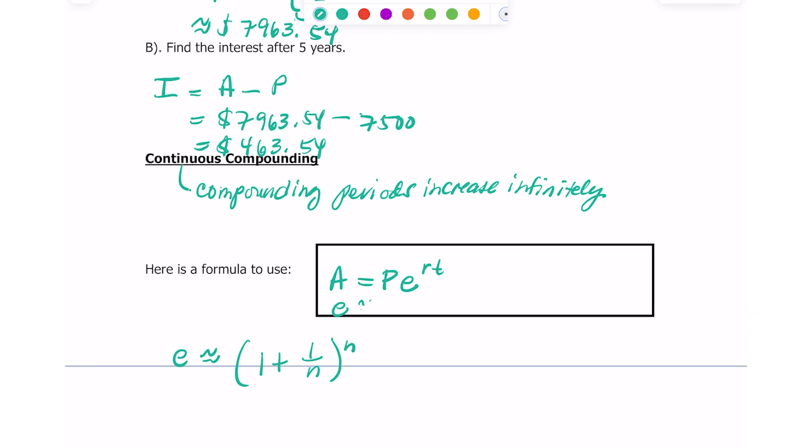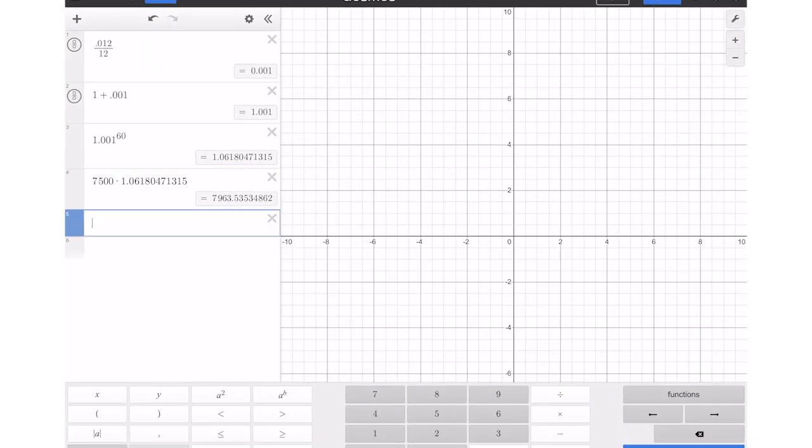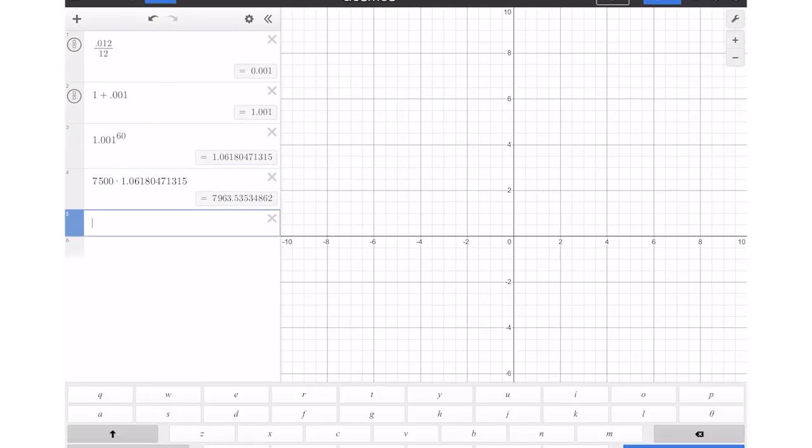And e, if you want an approximation for it, you can go on a calculator and find it. Most scientific calculators have the letter e there. Sorry, I apologize for my pen here. You can go to a calculator and type in e. For Desmos, you'd have to go to the keyboard and just put e.